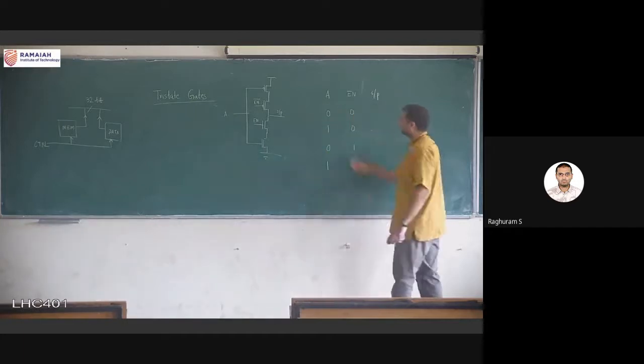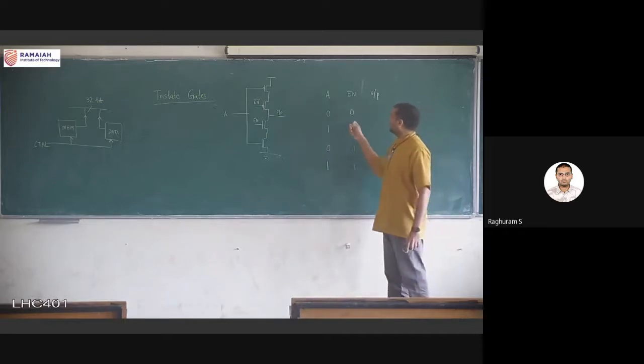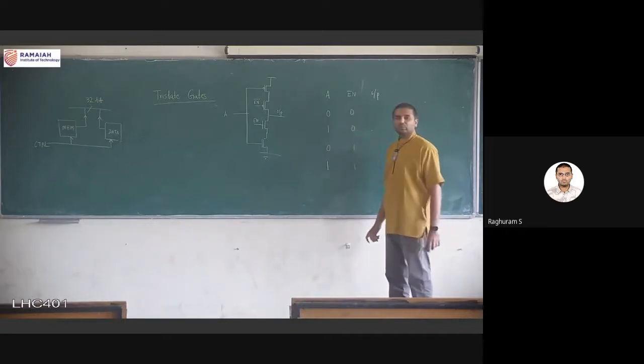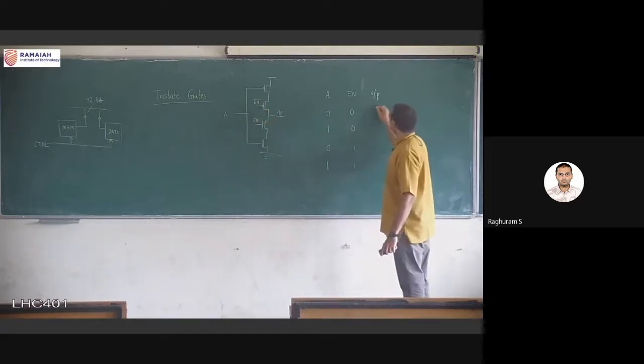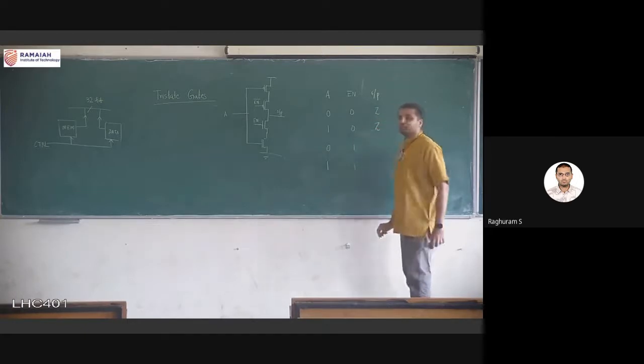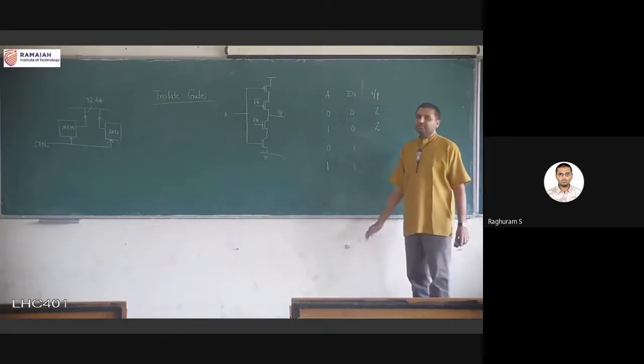Let us analyze this. First we will see enable equal to 0. Enable equal to 0 means the NMOS transistor is off, and here I am giving enable bar, so the PMOS transistor is also off. So in both cases, the output is tri-stated, it is disconnected.